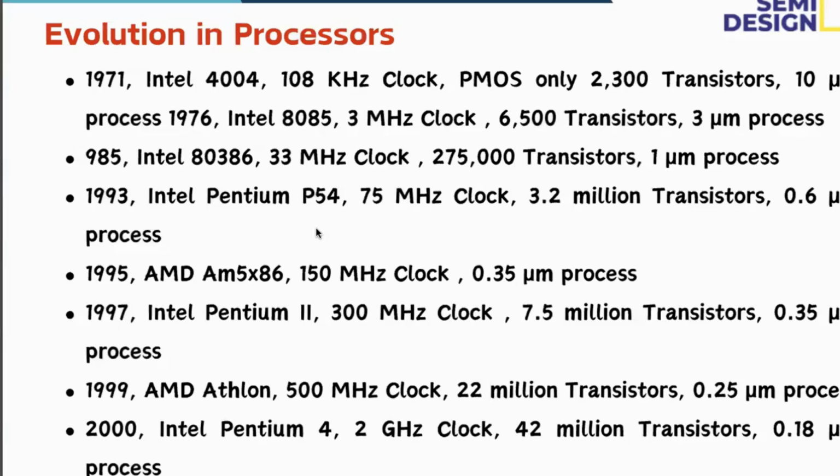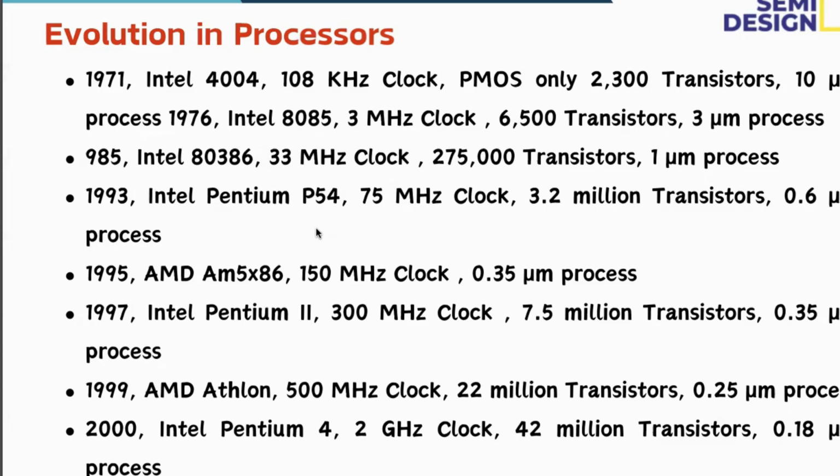And then in 1985, the 80386, with 275,000 transistors on 1 micrometer technology. And in 1993, the Intel Pentium, with 3.2 million transistors on 0.6 micrometer technology. Like that, AMD processors, Intel Pentium 2, AMD Athlon and Intel Pentium 4.